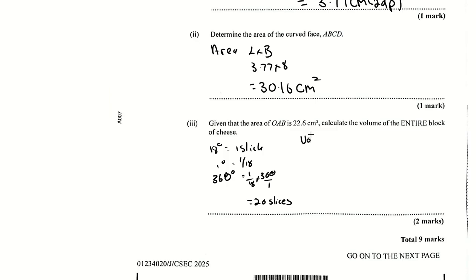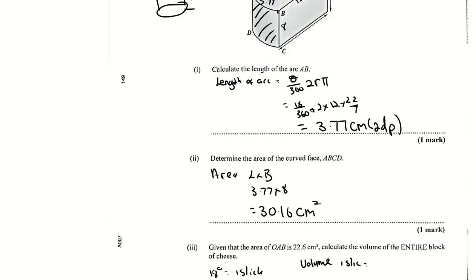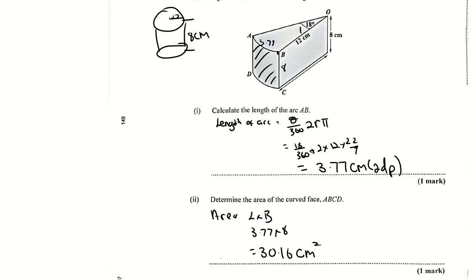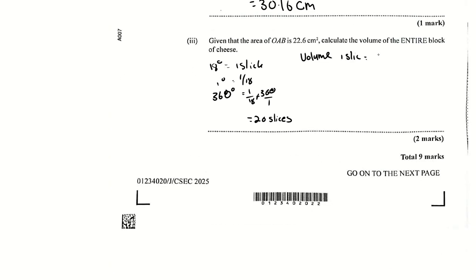The volume for one slice would be your area. Now the general formula for volume is your base area times your height. So your base area here is 22.6 times height, which is 8. So that's 22.6 times 8, which is 180.8.